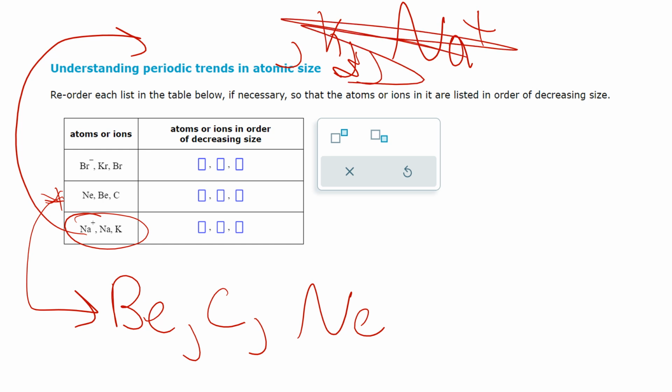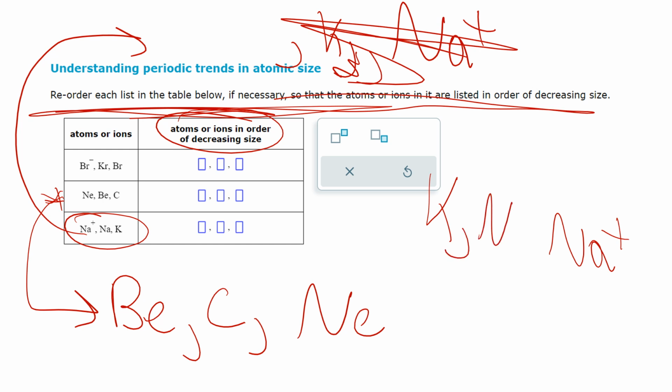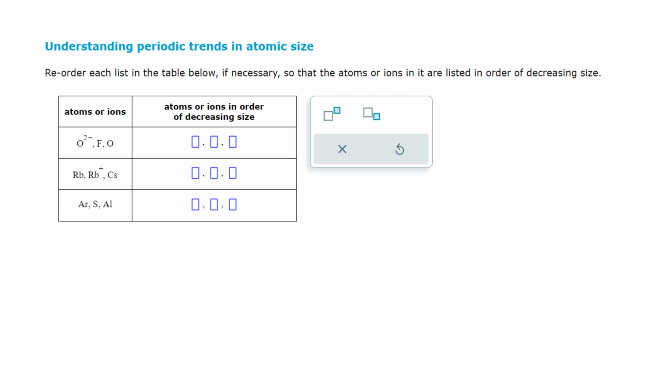So in order of decreasing size, potassium is the largest, then Na, then Na plus. And so these are on Alex and a good way to practice them. And obviously if you gain 2 electrons, you're going to become quite a bit larger.